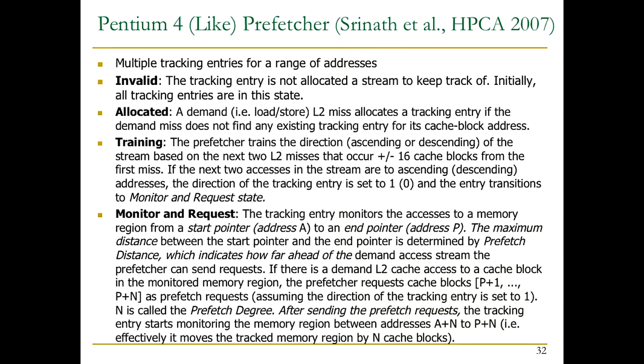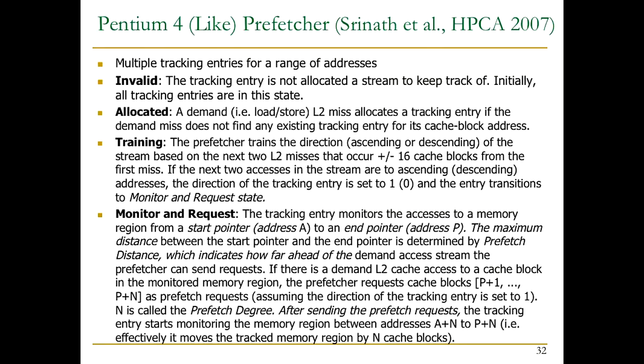In this state, there's a lot of text, but basically you monitor the accesses to that memory region from a start pointer to an end pointer. You're looking at a region, really. And now the maximum distance determines how far ahead of the demand access stream the prefetcher can send requests. That's called the prefetch distance.